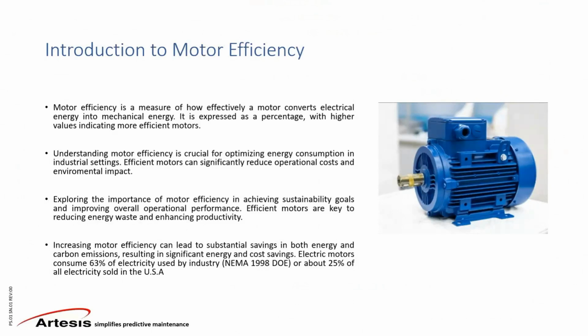Along this conversion of energy from electrical to mechanical, there are losses, and we are trying to minimize these losses. The ratio of that output power to the input is our efficiency. The higher the efficiency, the better. And this is represented as a percentage.